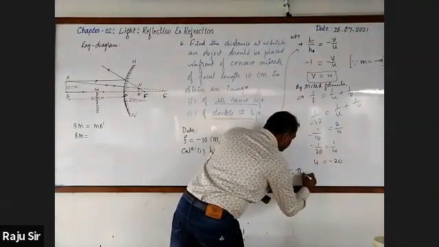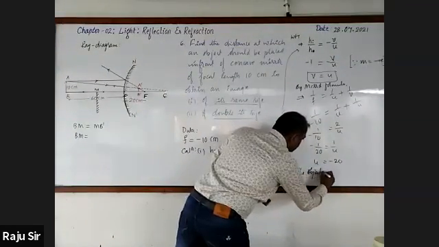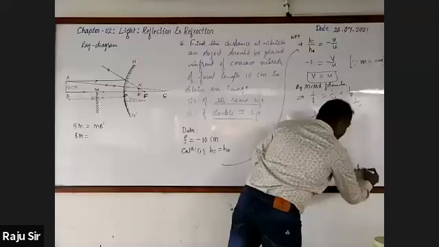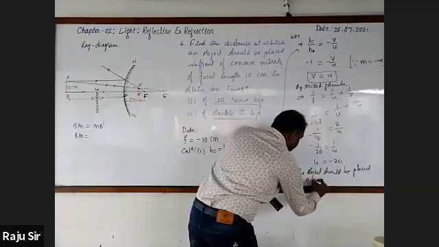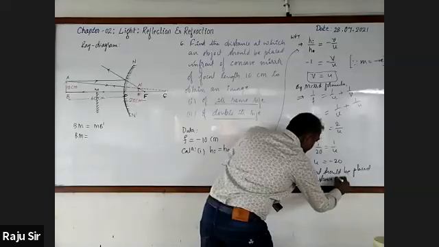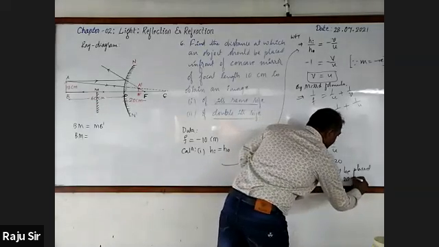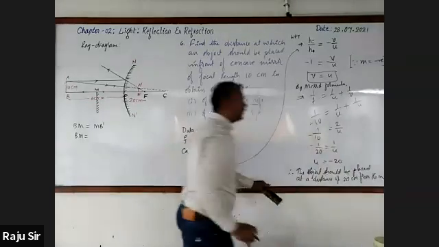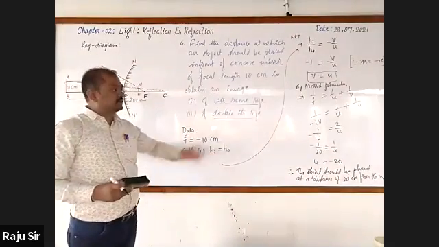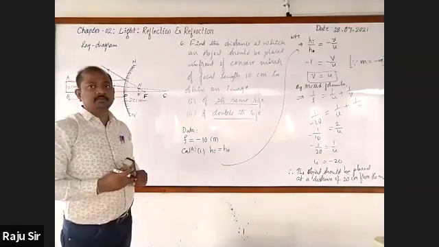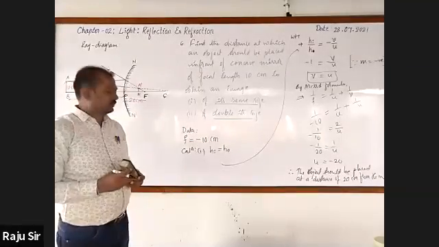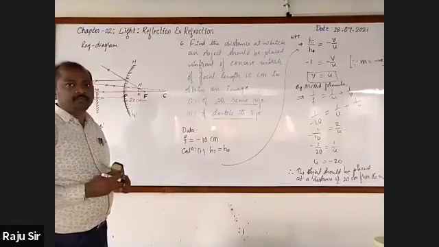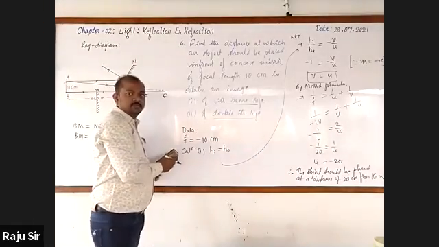Therefore, the object should be placed at a distance of 20 centimeter from the mirror. Over. Shall I repeat? Yes, sir.